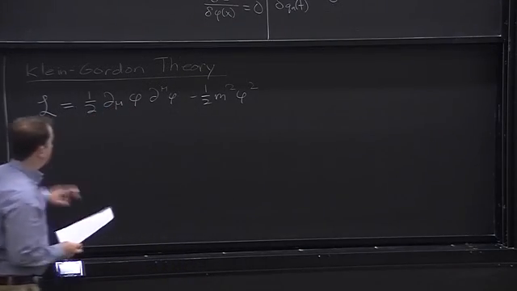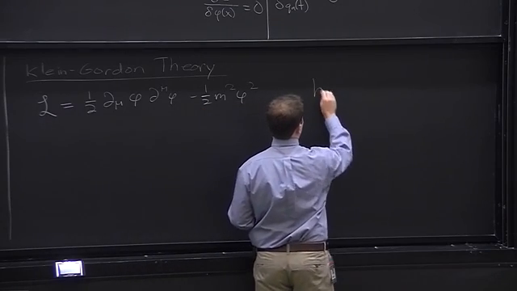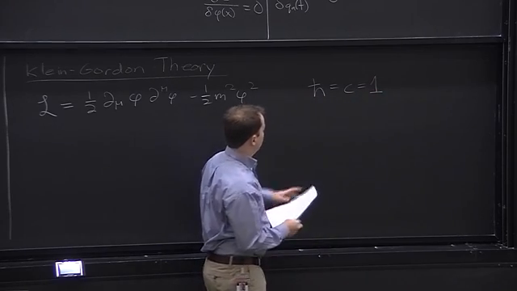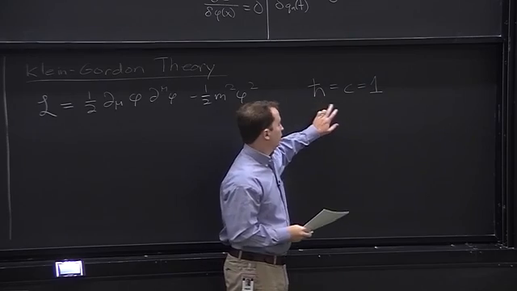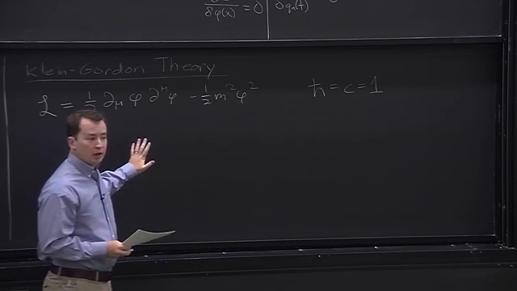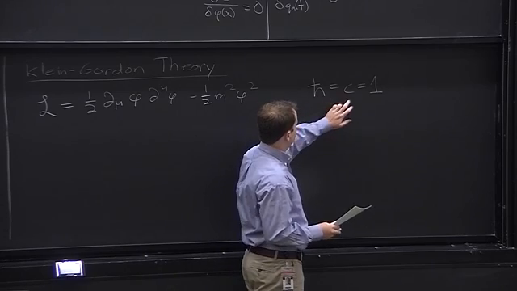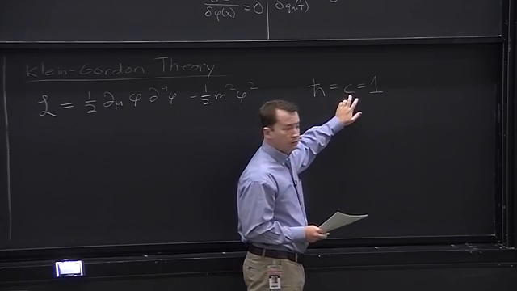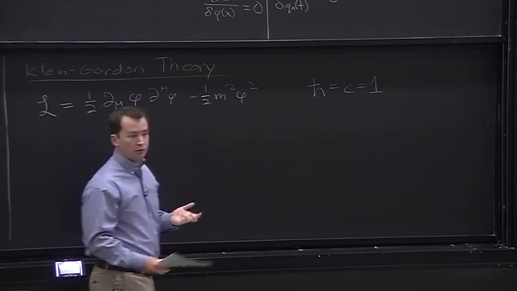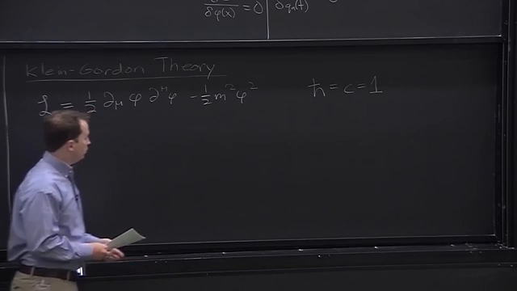And throughout this course, I'm going to be using natural units, where I will set constants h bar and c both equal to 1. You can always go back and figure out what the powers of h bar and c should be by comparing the units you have and the units you want.